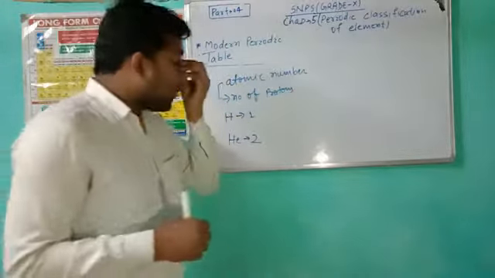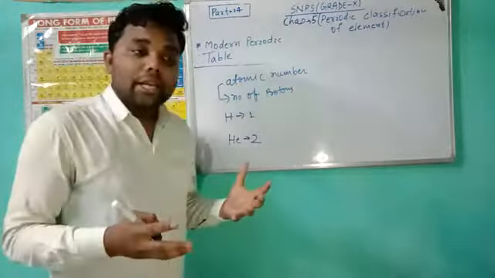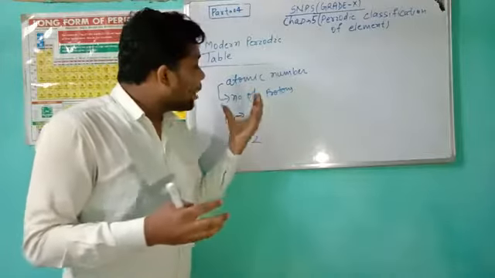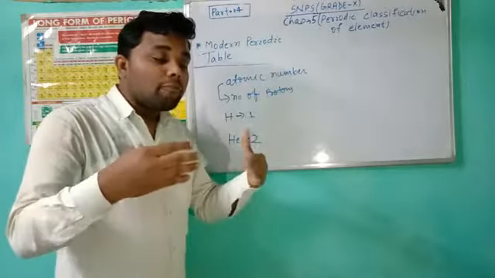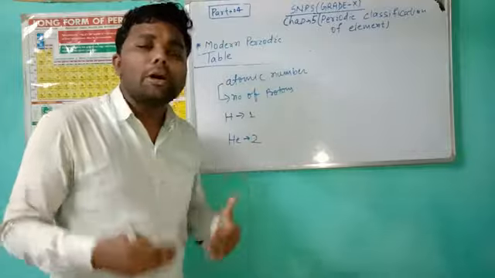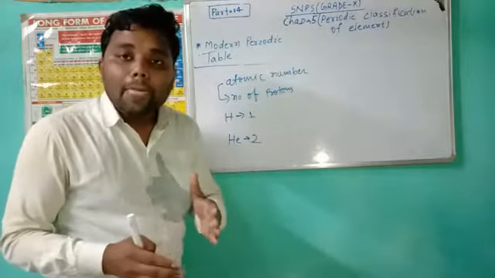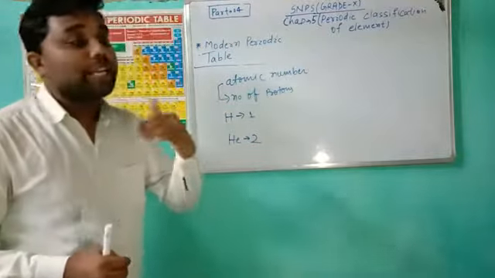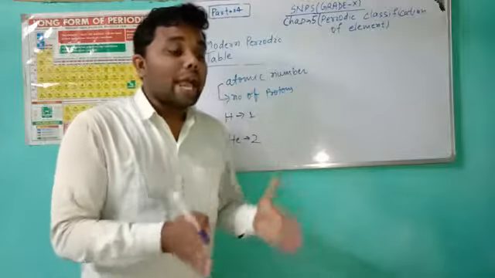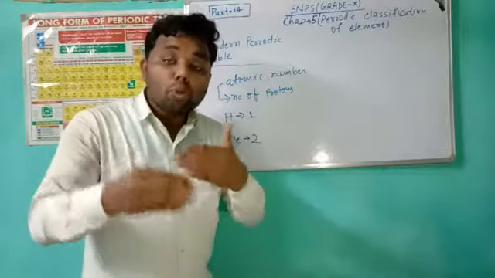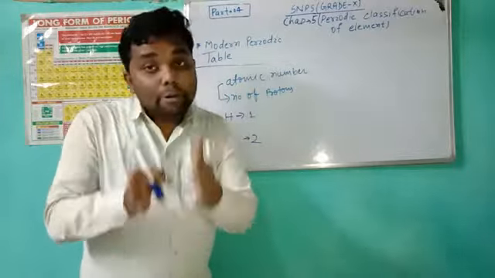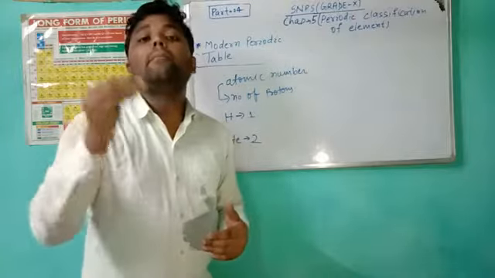And who showed that atomic number is a more fundamental property than atomic mass? Moseley. In 1913, Moseley showed that the atomic number is a more fundamental property than atomic masses.